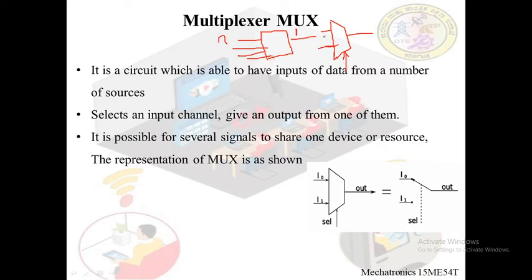Here let us try to understand the different types of multiplexers. We can have a multiplexer with 4 input lines.